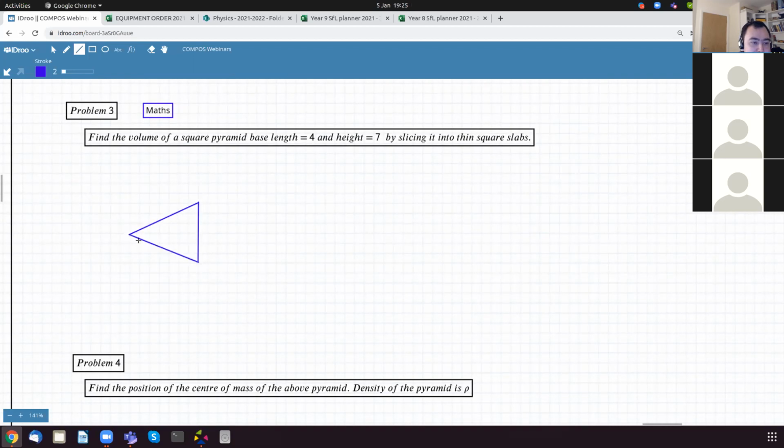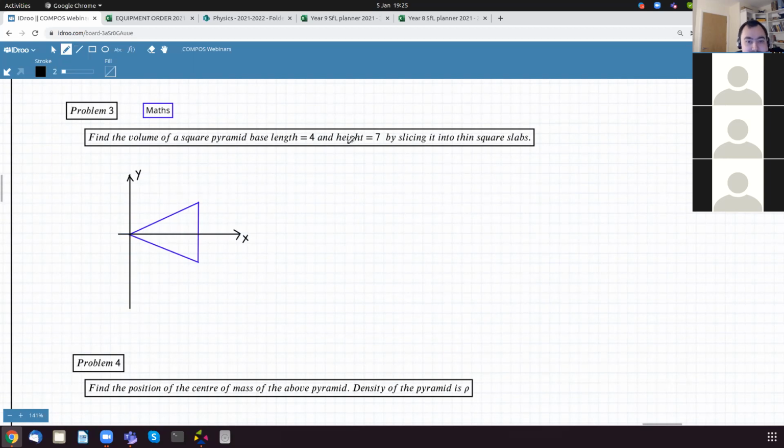So we are looking at the pyramid from the side. I hope that makes sense. So we've turned the pyramid 90 degrees. And we need the axes, of course. We need the y-axis and we have the x-axis.